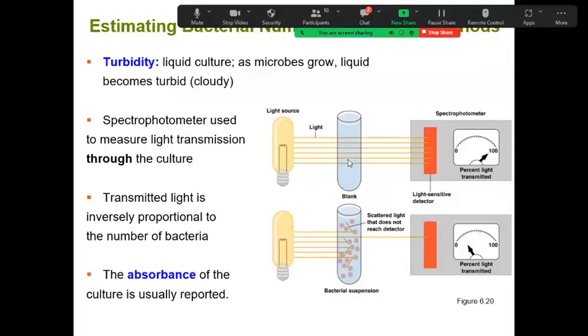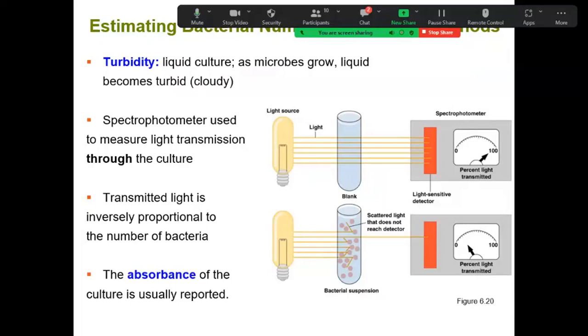And then you go look at a chart. Somebody had to make the measurements and then record the amount of light for how many cells you have. So somebody has made up the chart, but once you have the chart made, you can use that chart for years. Okay.